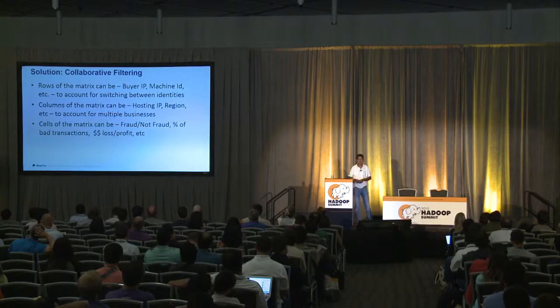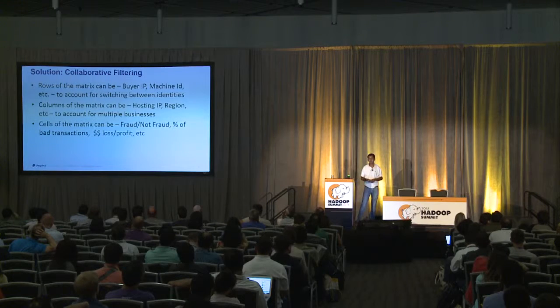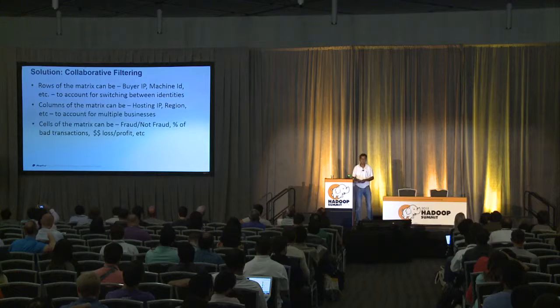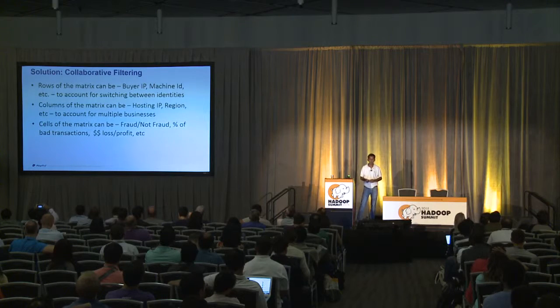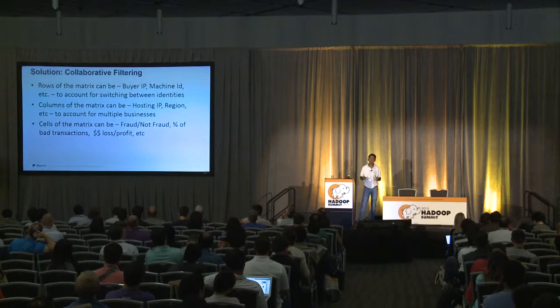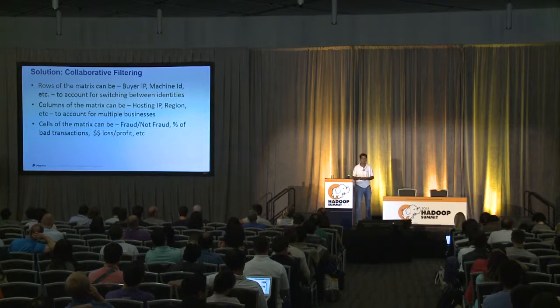So there are several other ways we can represent the same problem. A buyer could also hop between multiple IP addresses, so in that case we could use a region as the rows of the matrix, so we can detect if there are money laundering activities going on between specific regions where we operate.